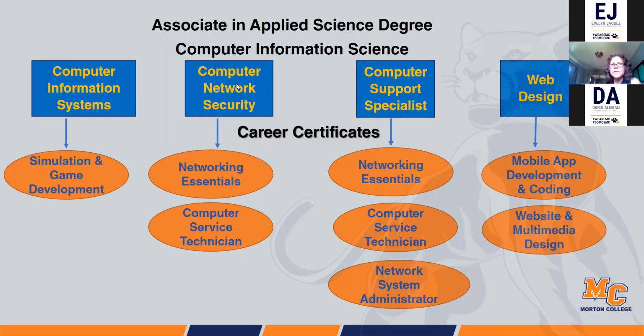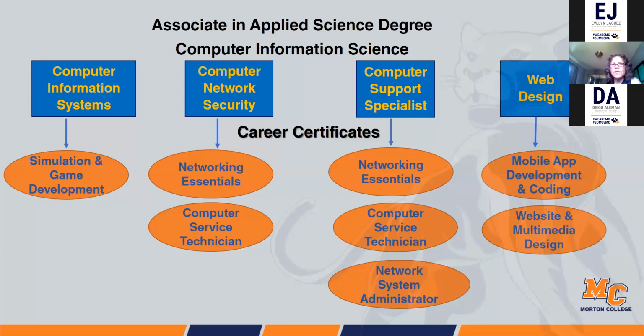The second one is Computer Network Security. That one is in very high demand in terms of finding a job. It's very marketable, and you're going to be learning how to configure computer networks and how to set them up so that hackers won't be able to get into the computer network.